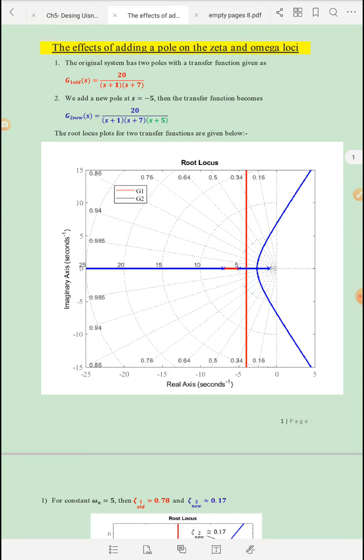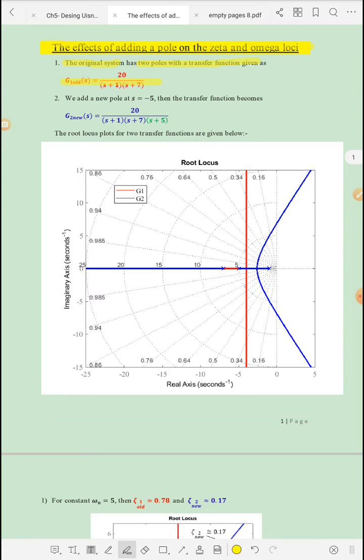So, as I have mentioned, we will discuss the effect of adding a pole on zeta and omega n. Assume that we have an original system that has two poles, with a transfer function as given here. It has one pole at -1 and the other pole at -7.